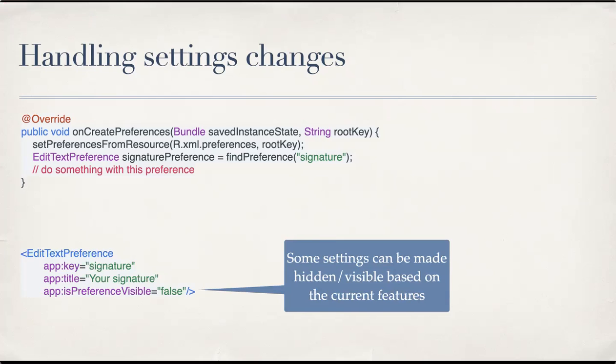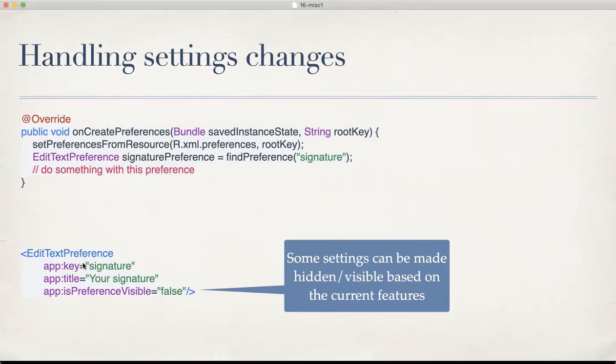Examples of preferences that you may want to hide would be some pro or paid features in your app and preferences related to that, or preferences that should be shown only when, in a game app, the user has reached a certain level and unlocked certain features of the game app. These are just some examples.